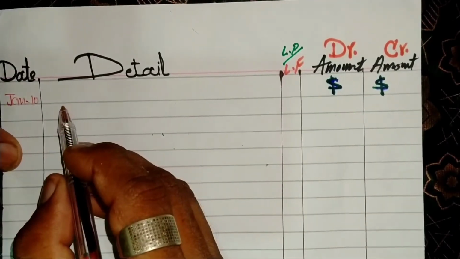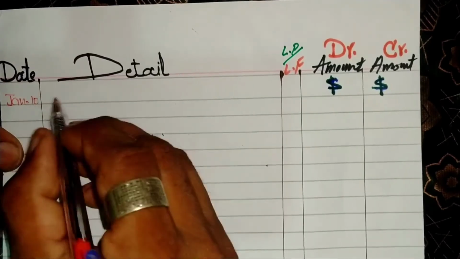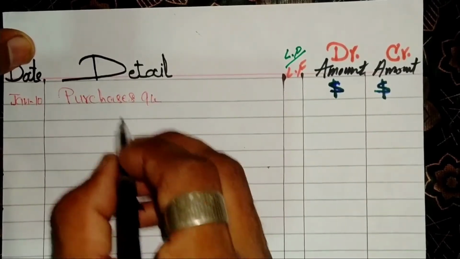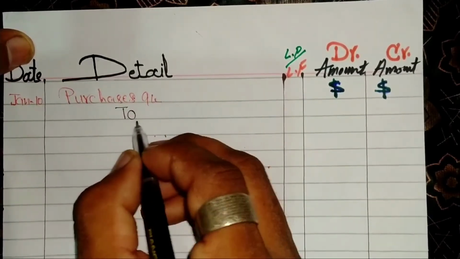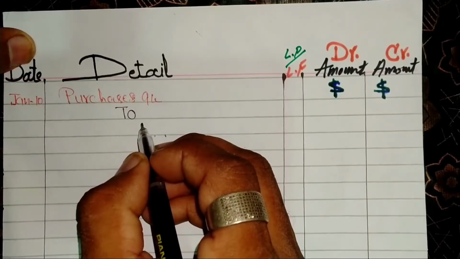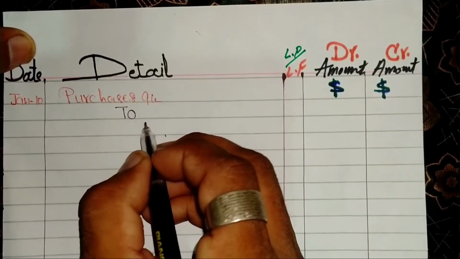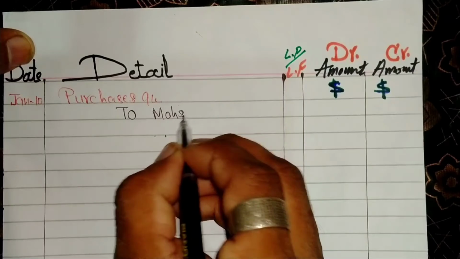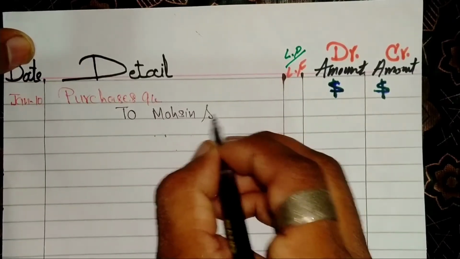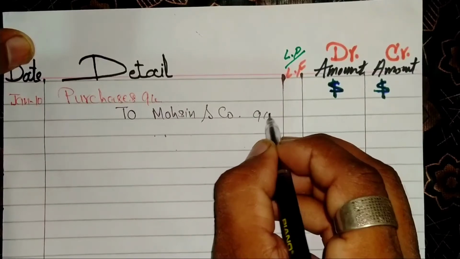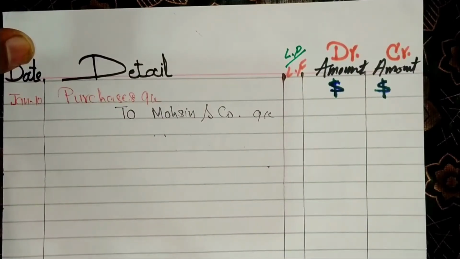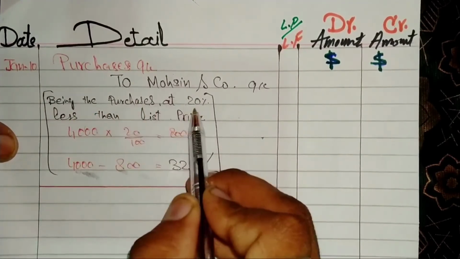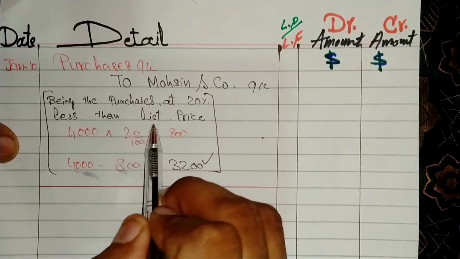The entry will be on 10th Jan: purchases account debit to Mohsin and Company account credit, because purchases are on credit with 20% less than list price. You can understand with the description: being the purchases at 20% less than list price.